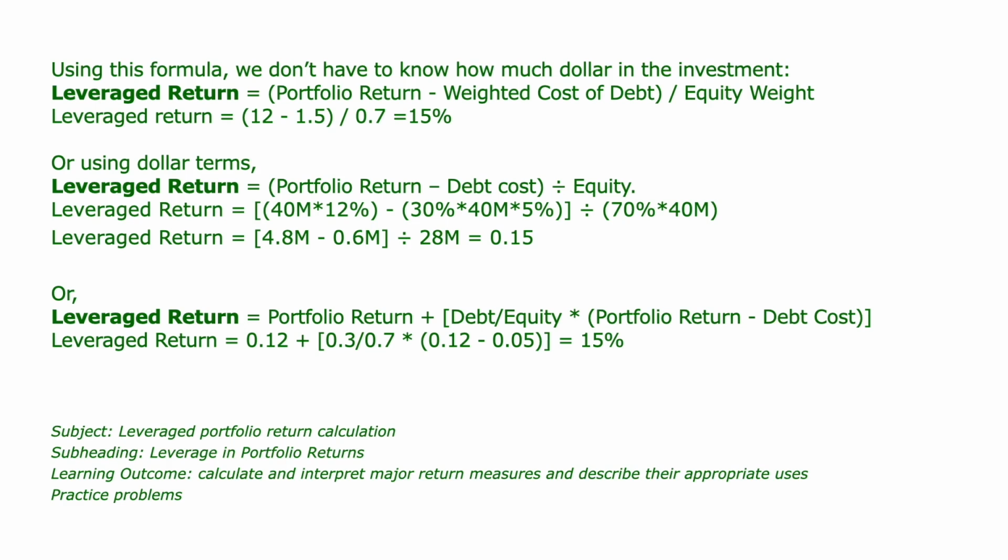When there is no money amount, such as here 40 million, just strip off the money amount to use in weighted terms. Leverage increases gains when investment return is higher than borrowing cost, and increases losses when investment return is lower than borrowing cost.